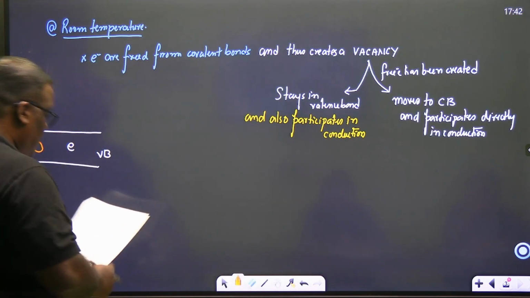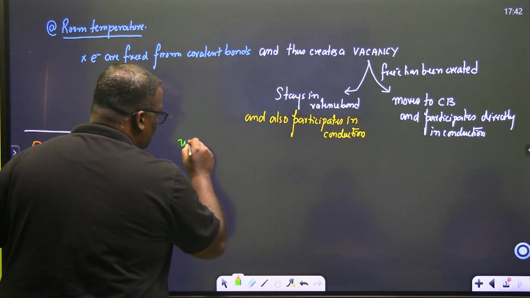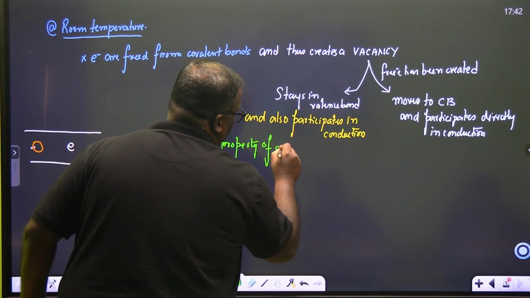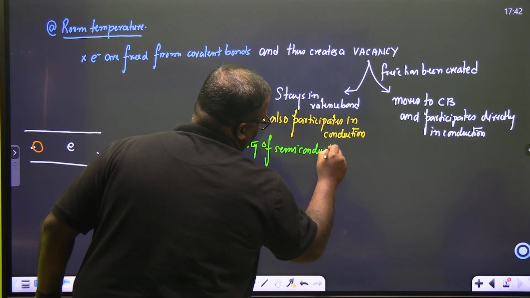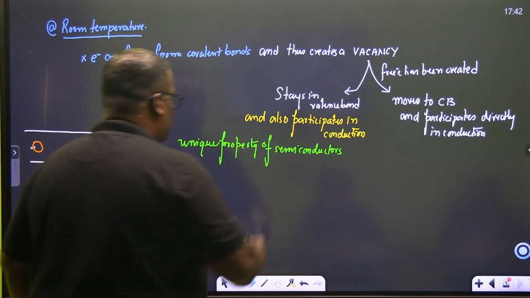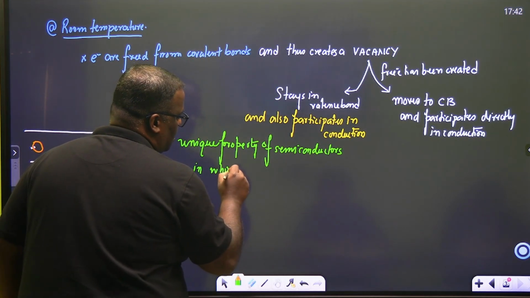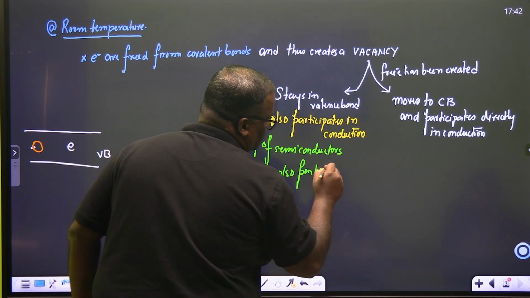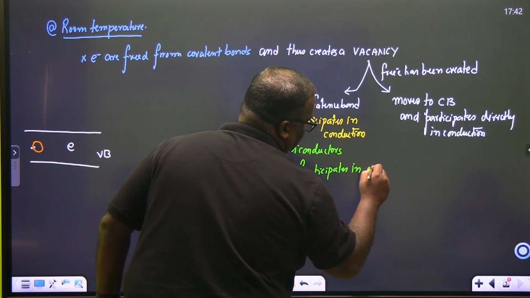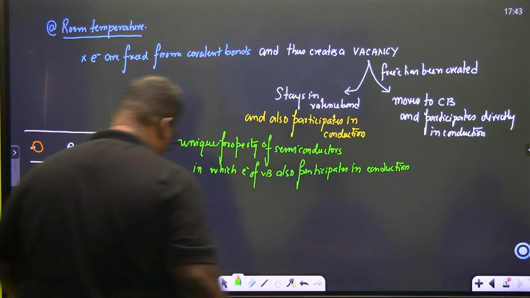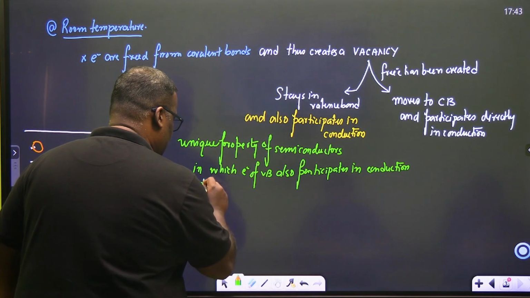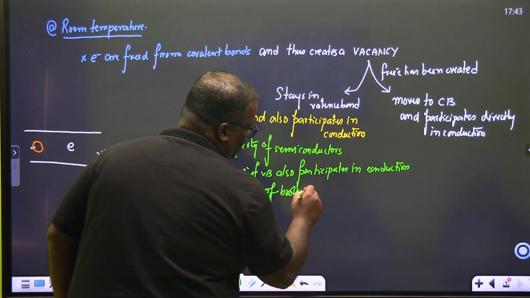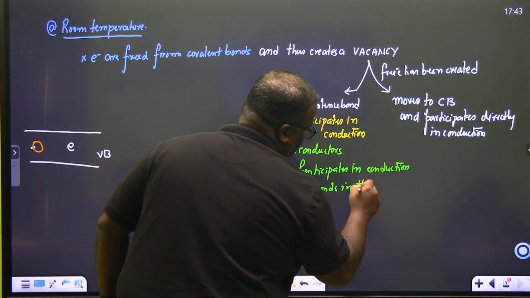So here we will write a note: this is a unique property of semiconductors in which electrons of the valence band also participate in conduction due to the presence of broken bonds in the crystal.